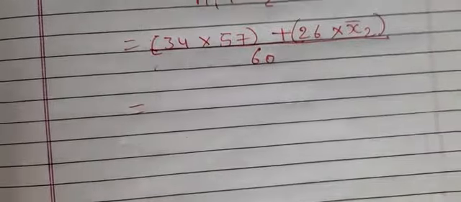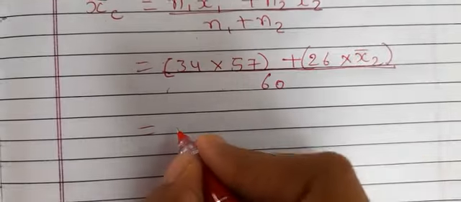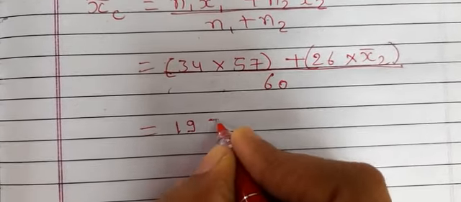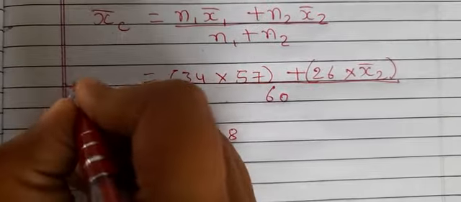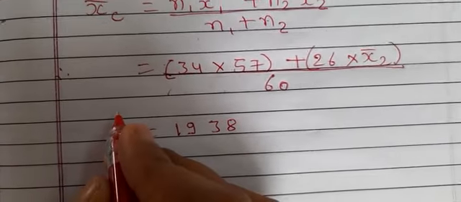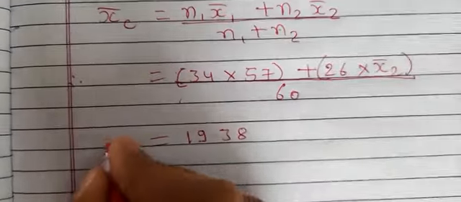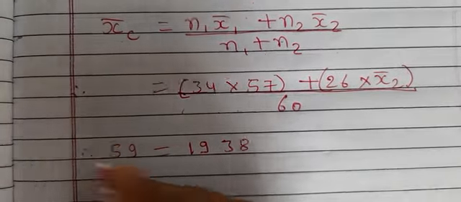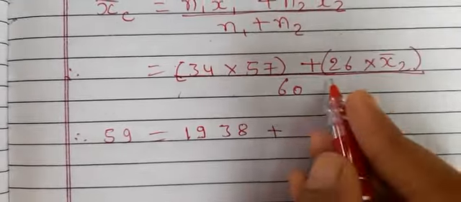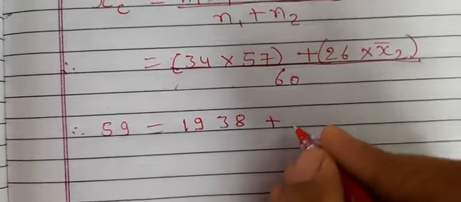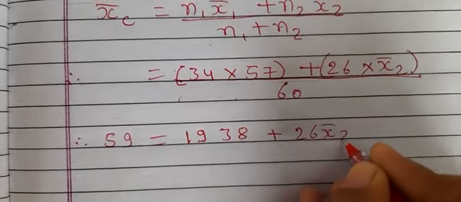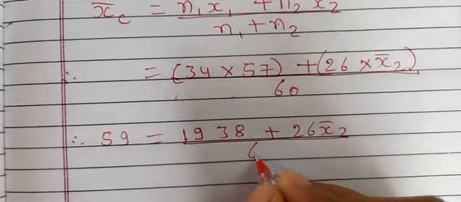Now 34 multiplied by 57 is equal to 1938. The combined mean is 59, plus 26 X bar 2 divided by 60.